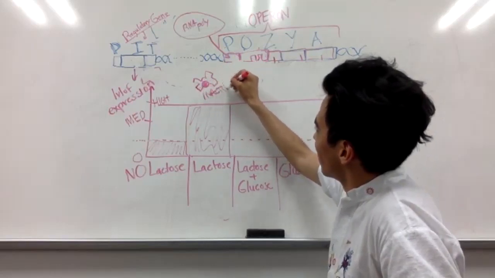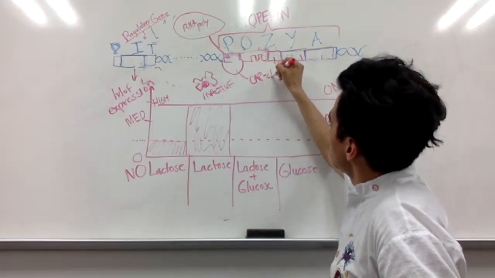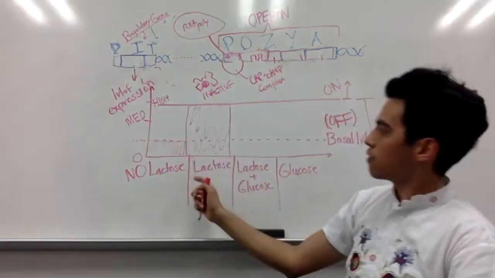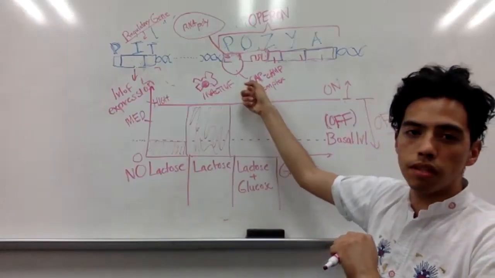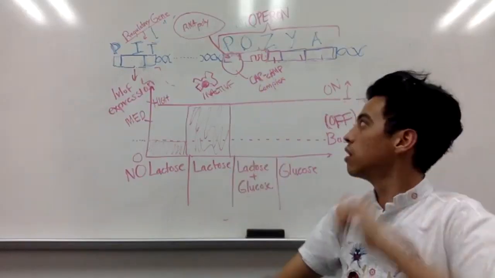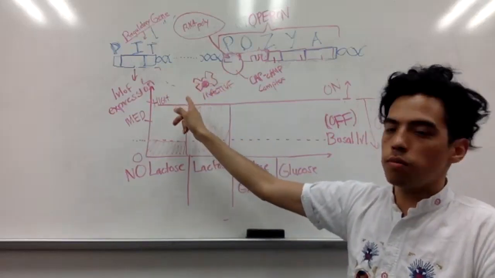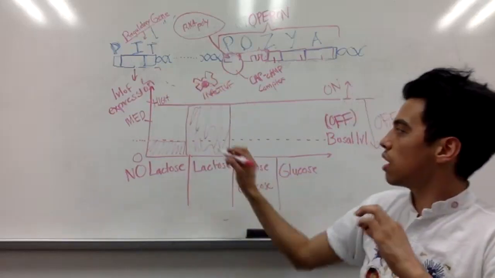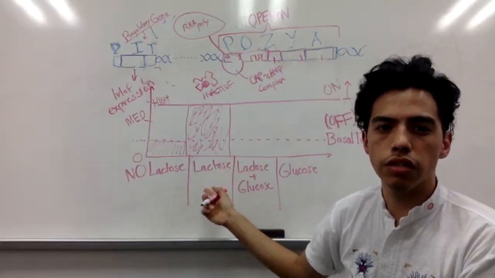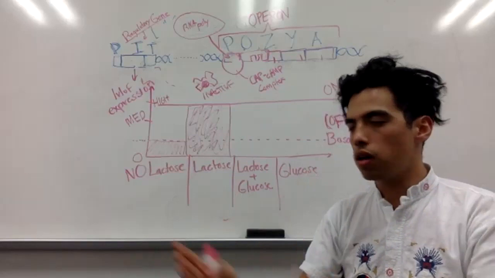And then we'll have the CAP and the cAMP complex put together, and that's going to act as a transcription factor and elevate the transcription, as well as allolactose turning off the repressor, right? And so that allows the level of expression, when there's only lactose present, to be high enough that we consider the operon on.